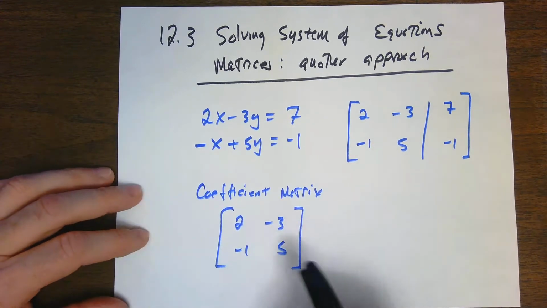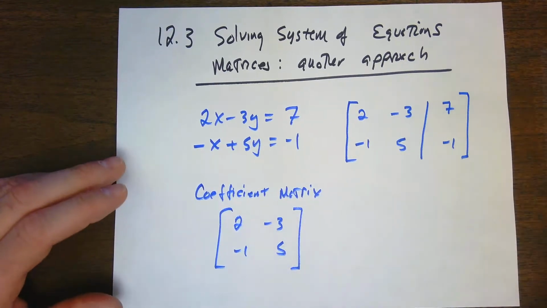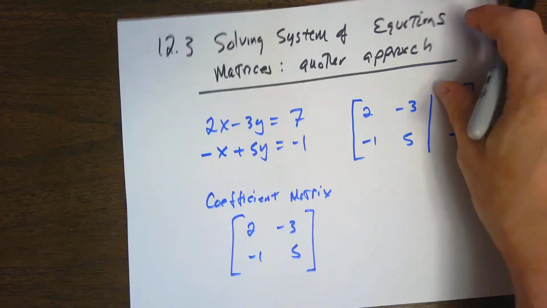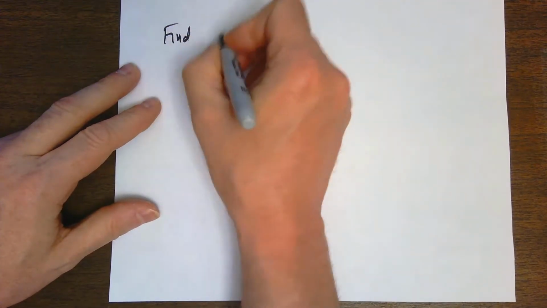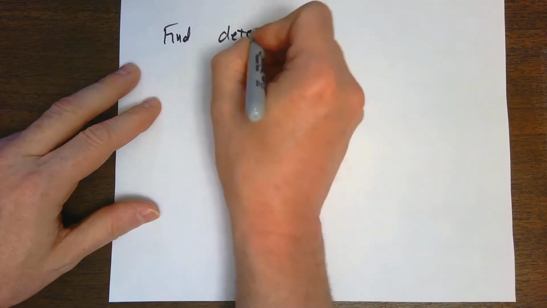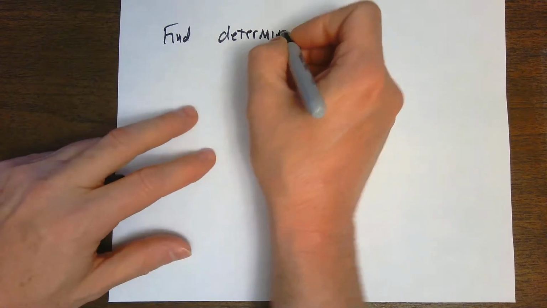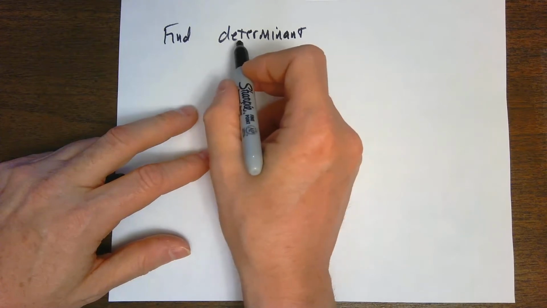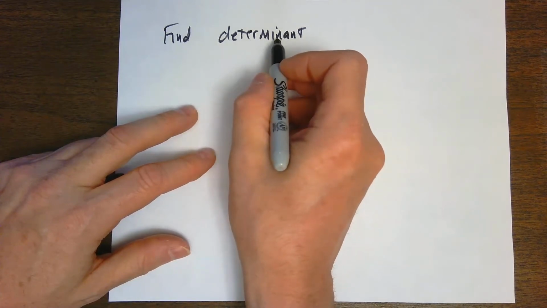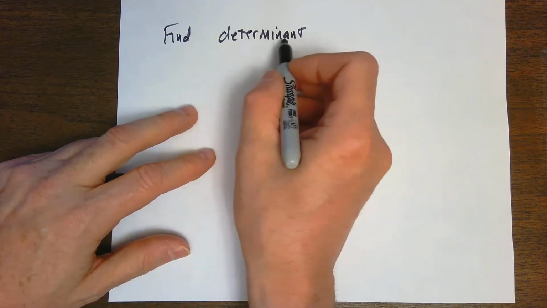The first skill we need is to find something called the determinant of a matrix. Determinant. Did I spell that right? D-E-T-E-R-M-I-N-A-N-T. Okay.